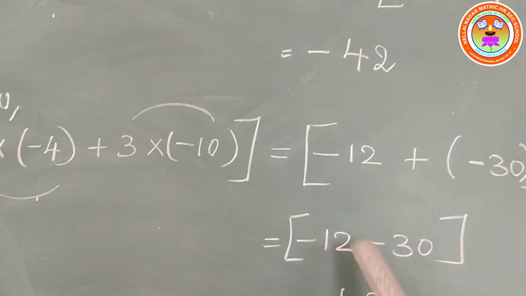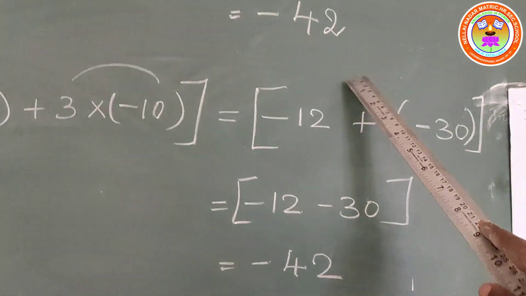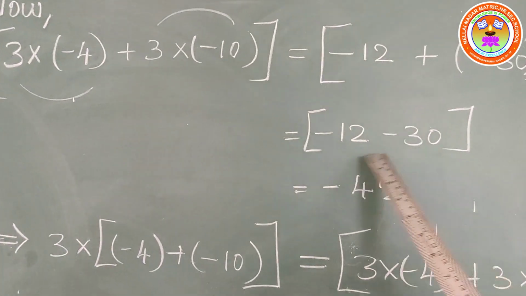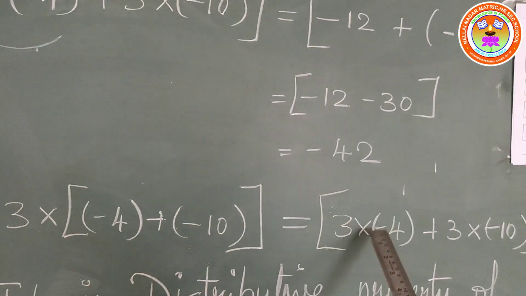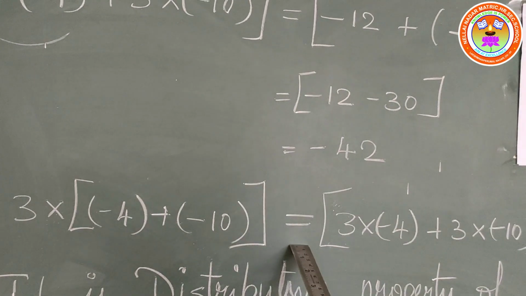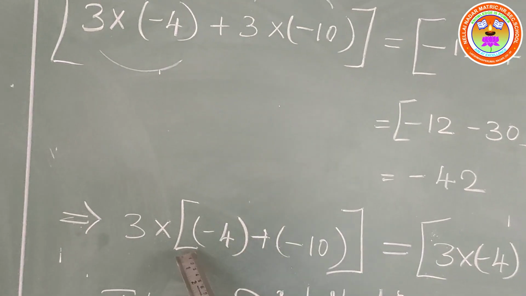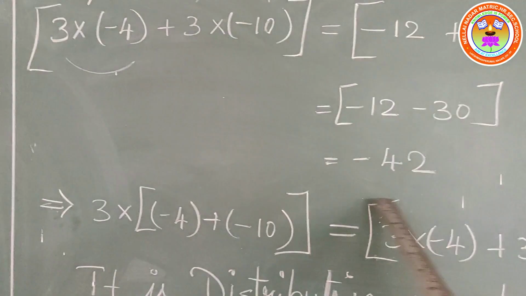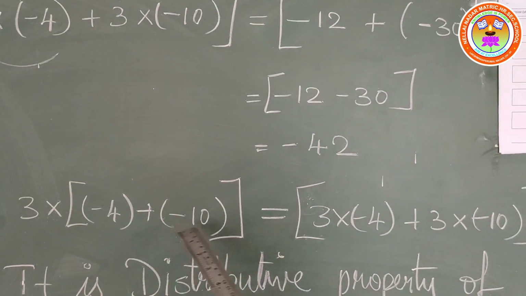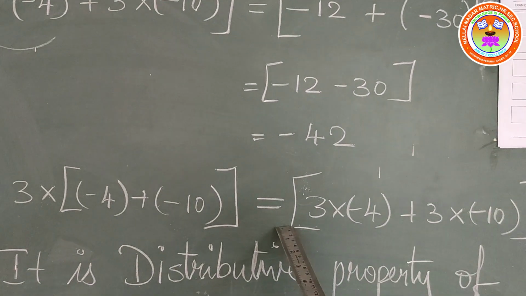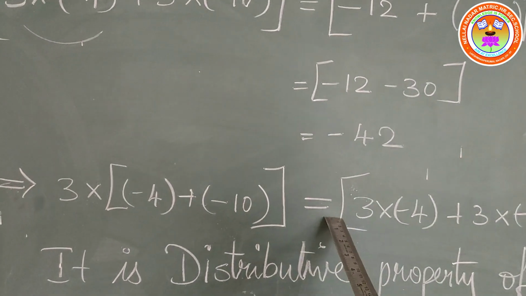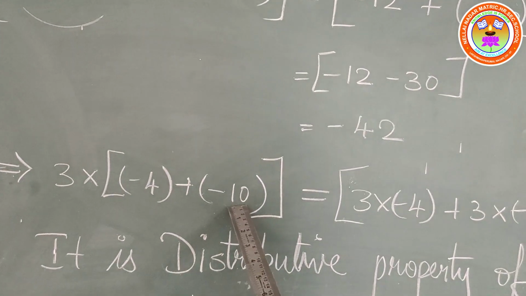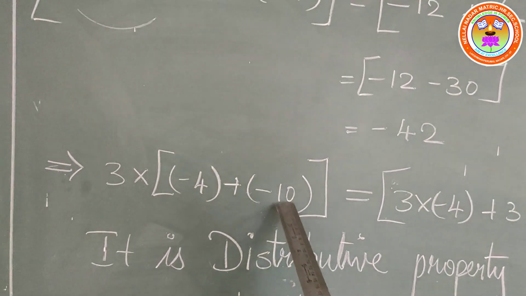Now in the first part I got minus 42. The same thing I am getting in the second part. So what do I conclude from this? Both the parts are equal. And when I look at it closely, this sum, this question is similar to the distributive property. Suppose I take this 3 as A, this as B and this as C. What does the distributive law state?